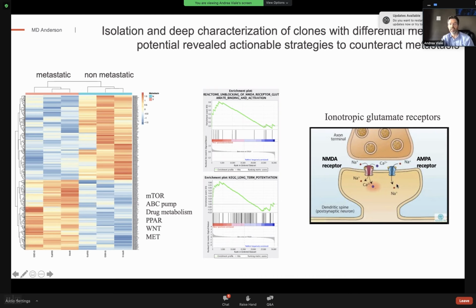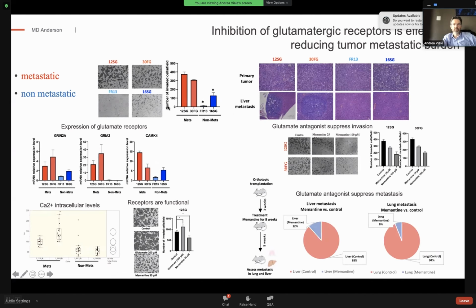And specifically, we focused on ionotropic glutamate receptor, which seems to be upregulated in the metastatic clones.